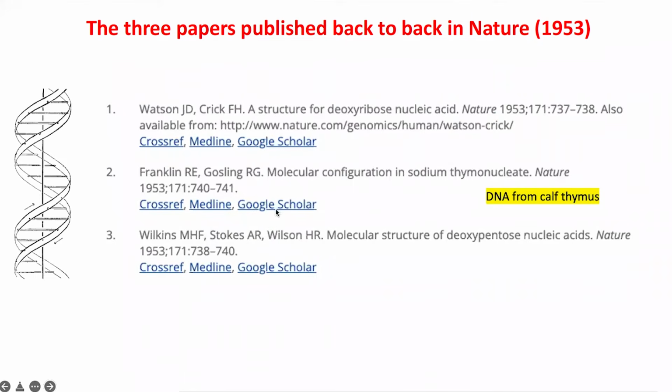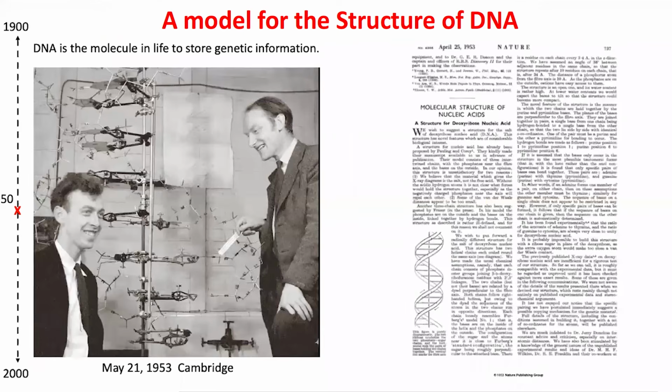They went and talked to Maurice Wilkins. Maurice Wilkins was at King's College in London. Maurice Wilkins showed him his data, and he also showed some of the pictures which Rosalind Franklin had taken in her lab. And armed with all of this information, Watson and Crick fiddled around with their model, which is shown over here. And they finally got a model which, in their mind, fit all the available data.